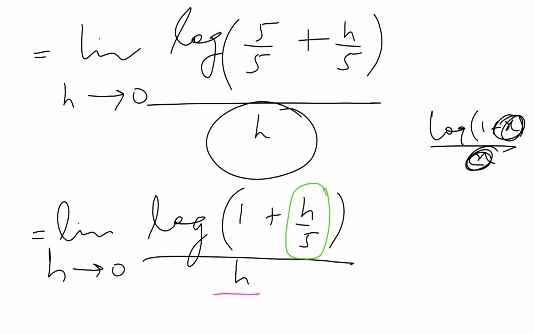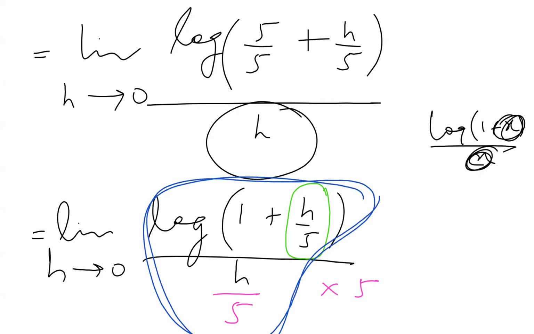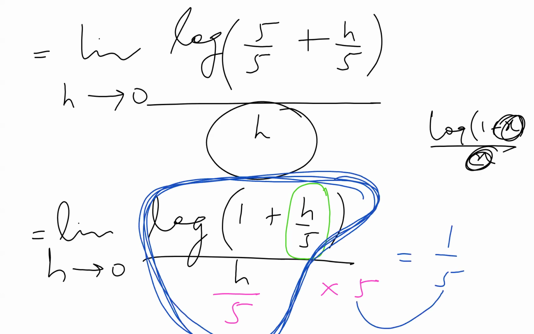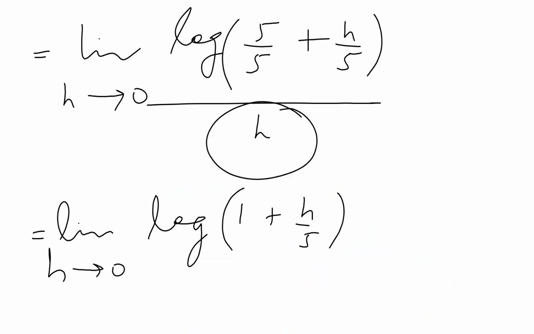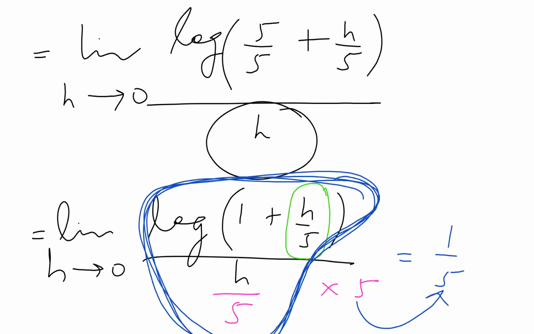Now h is already there, so we just have to multiply and divide by 5. This part is 1 upon 5. As h approaches 0, h upon 5 will approach 0.